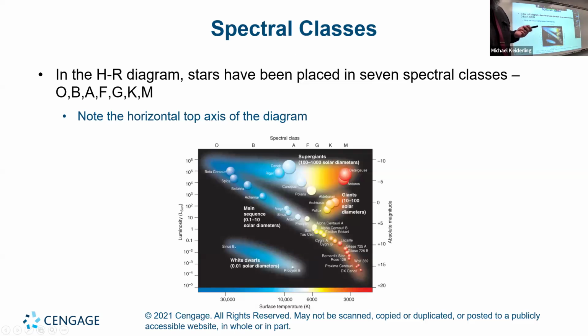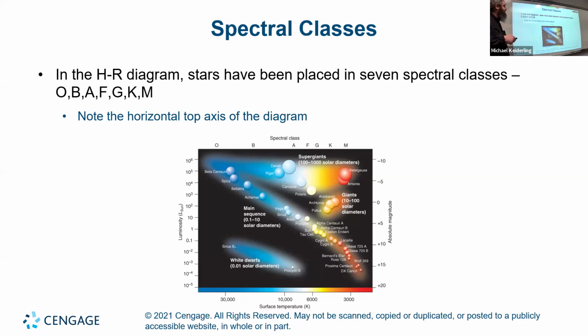And the strength of that line doesn't necessarily correspond to, for example, being strongest at a temperature in the middle. So these are O, B, A, F, G, K, and M. You can see them on top of the diagram here.